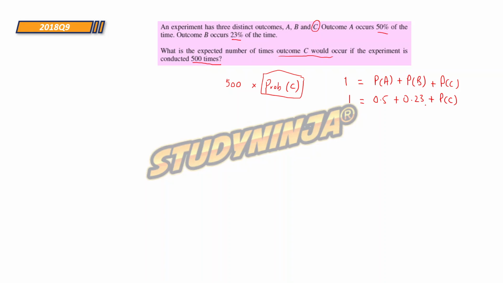So this is 73%, and if I just subtract this from 1, the probability of C would be equal to 27%. Now it's just a matter of multiplying 500 by 27% and you will get your answer. So that's one way of asking this.